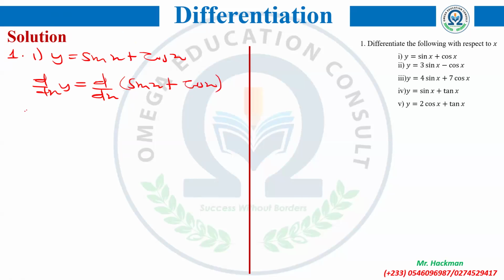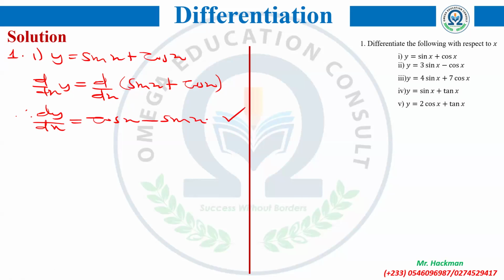Therefore dy/dx will be equal to, since my operator is affecting a sum of functions, I have to differentiate term by term. So it will be d/dx of sine, which gives cos, then d/dx of cos, which gives minus sine. So this becomes the differential. As simple as that. You can't simplify that.